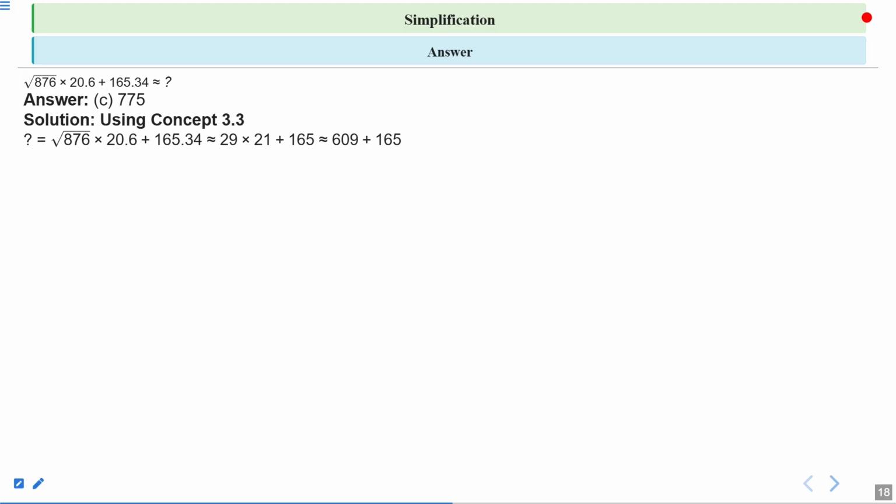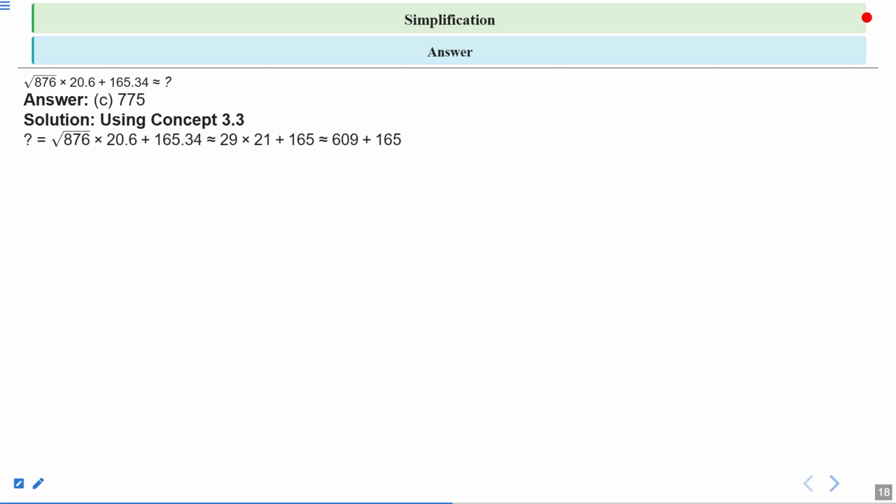The question mark will become square root of 876 multiplying by 20.6 plus 165.34, so we can use approximation. 876 is approximately the square of 29. So 29 multiplying by 20.6, we take it as 21.